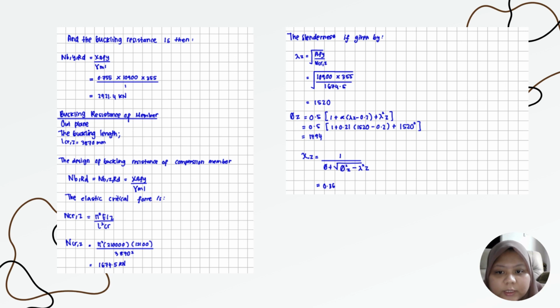The elastic critical force NCR we got 1674.5 kilonewton. The slenderness, lambda z 1520, theta z 1794, and the chi z is 0.36.